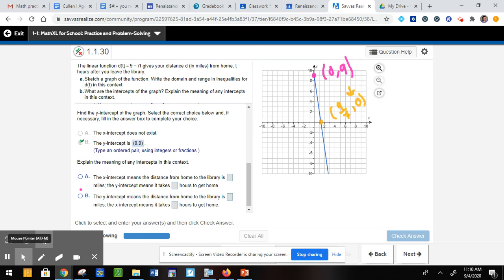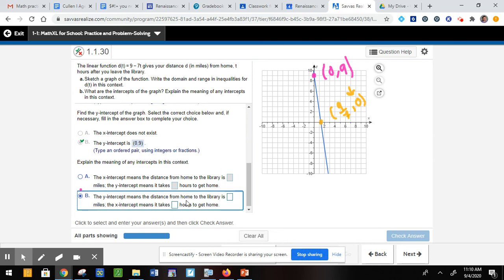No, the x-intercept is telling you how long it took you to get home. So let's look at answer choice B. It says the y-intercept means the distance from home to the library is. That's true, because remember, the y-intercept is showing you how far you are from home when you start walking. So B is going to be your answer.